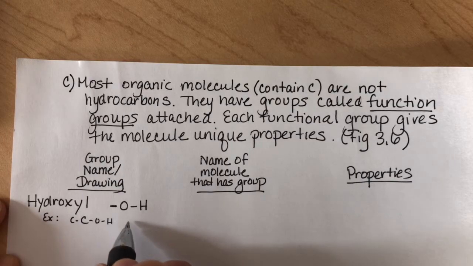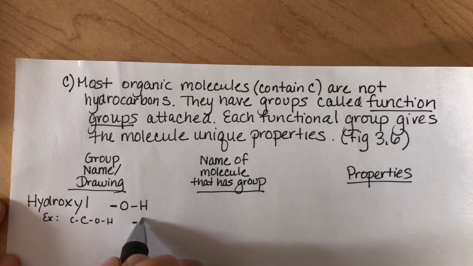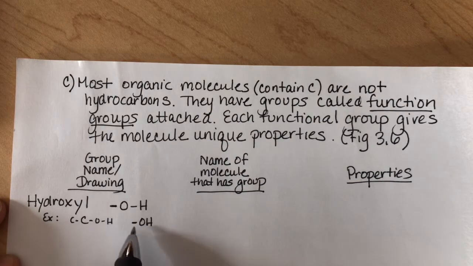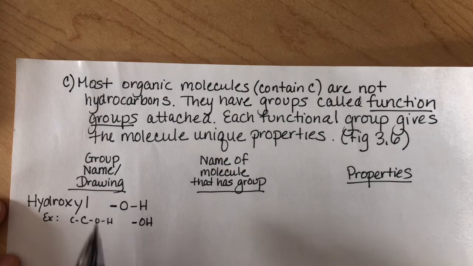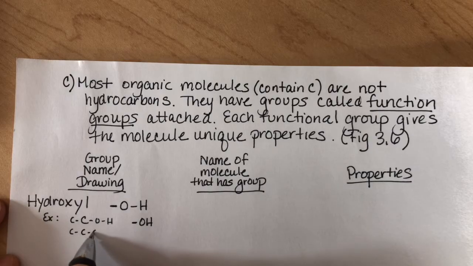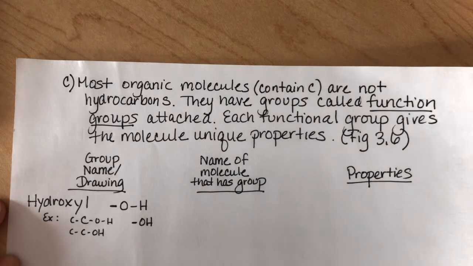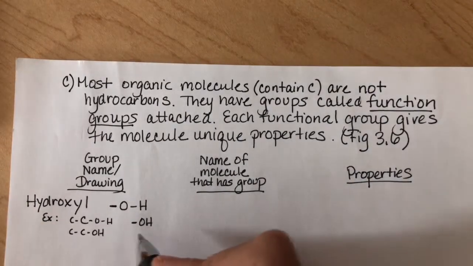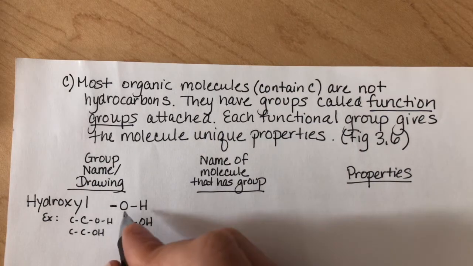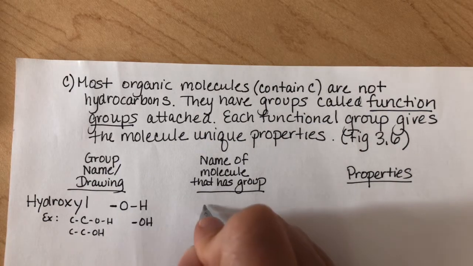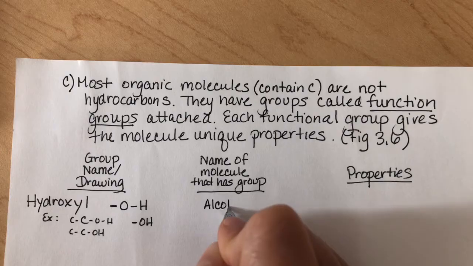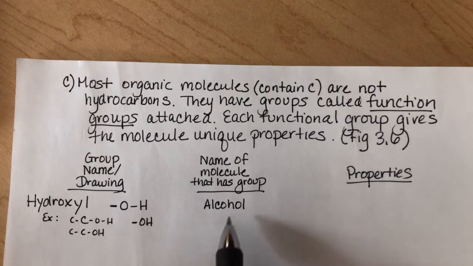Sometimes it's shorthanded. Instead of drawing the bond between the OH, they just write it like this, knowing that you should know that there is a bond between the oxygen and hydrogen. So sometimes you'll see that shorthanded. I just want you to know that. Okay, so any molecule that has this hydroxyl group is called an alcohol. I'm sure you've heard of alcohol before.